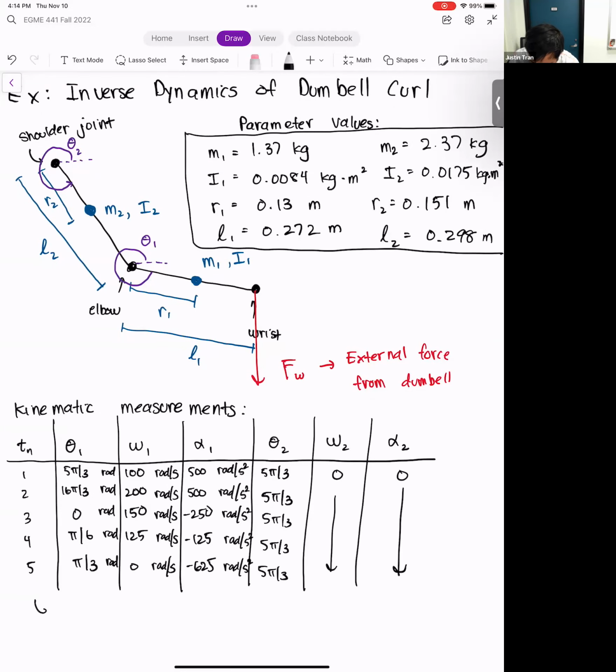All right, so there's a lot going on in this problem. So a lot of numbers. And so let's state our end goal. So our end goal is to compute, okay, we're going to compute the net joint forces and net moments at the elbow and shoulder joints throughout this dumbbell curl.